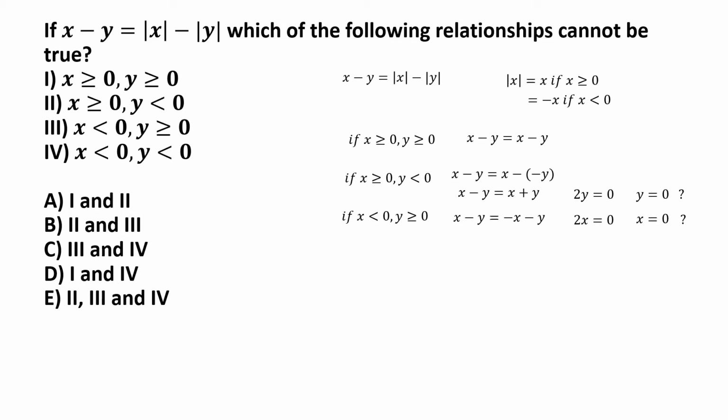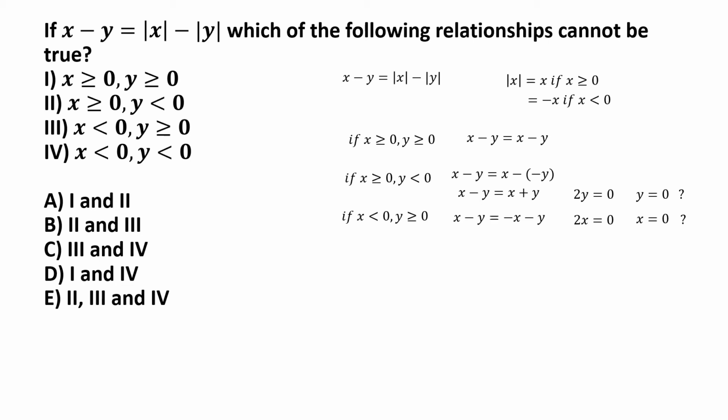But we're arriving at x equal to 0, which is not permissible according to the domain definition on which this relationship is based. So clearly this is also contradictory, and this cannot be a possible domain for x and y for this relationship to be holding true.